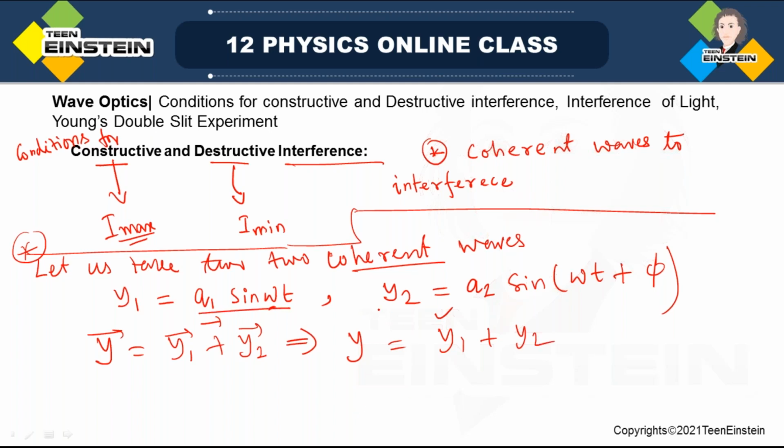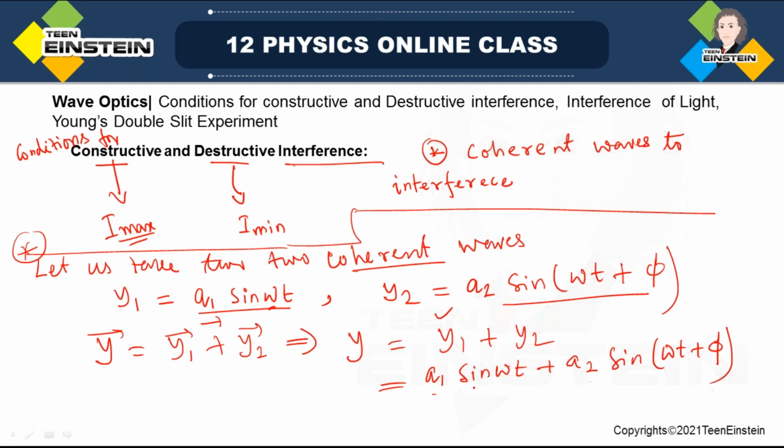Now look, if I just do that summation, what you get is a1 sine omega t plus a2 sine (omega t plus phi). Sorry, these are a1 and a2. The amplitudes are different.